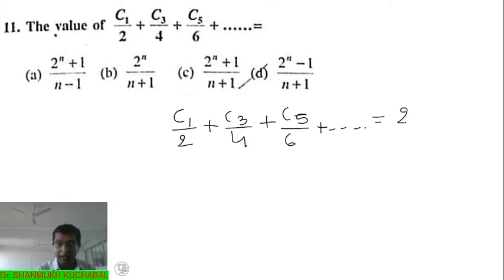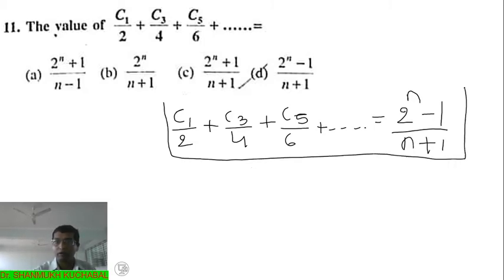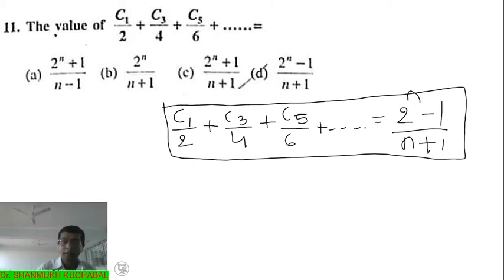This is given by the formula 2 raised to n minus 1 divided by n plus 1. It is one of our important formulas you have to remember. So option D is a right answer.